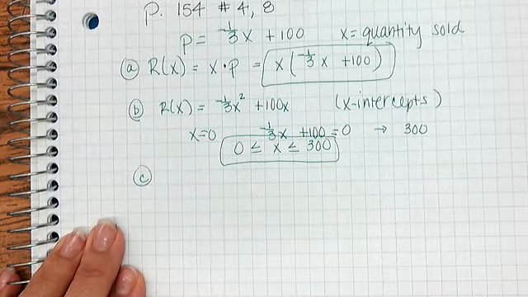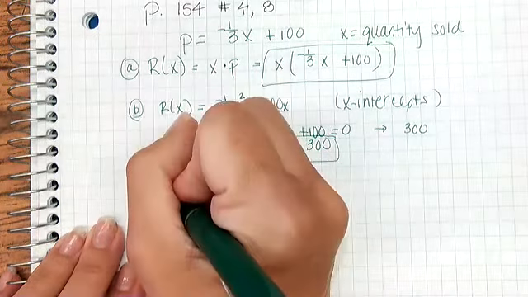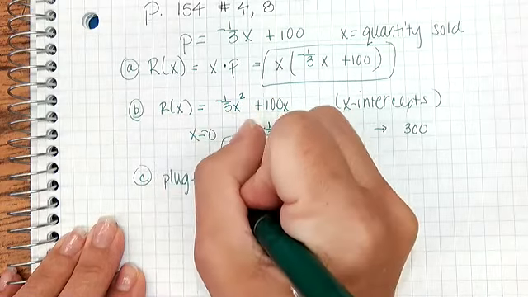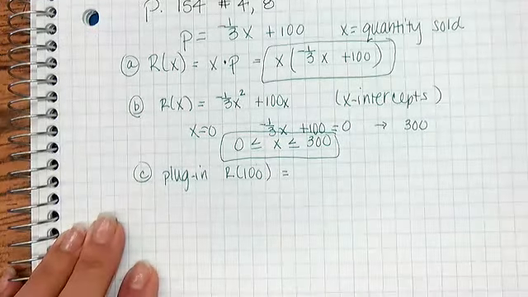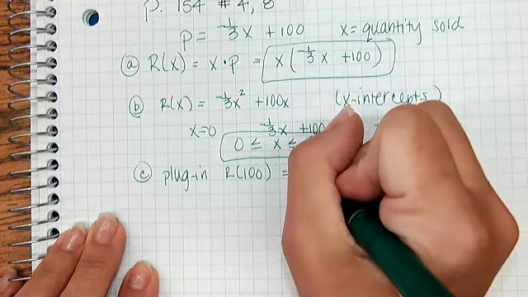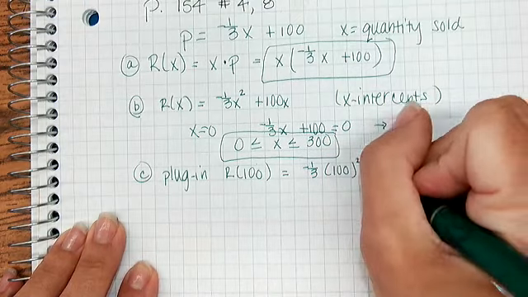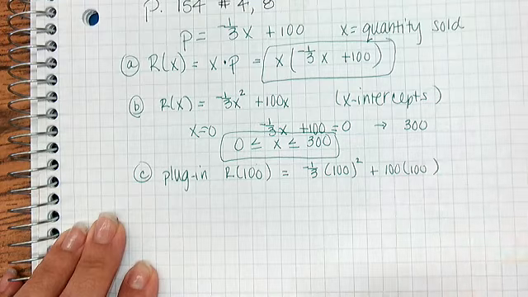Okay. The next part, part C, says, what is the revenue if 100 units are sold? So this is just a plug-in. The revenue when 100 units are sold is equal to negative 1/3 times 100 squared plus 100 times 100.